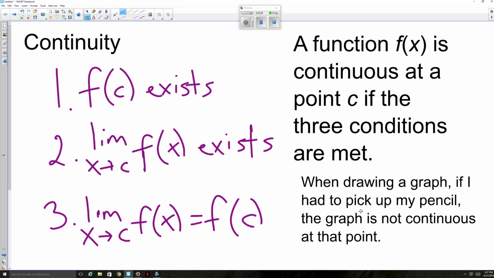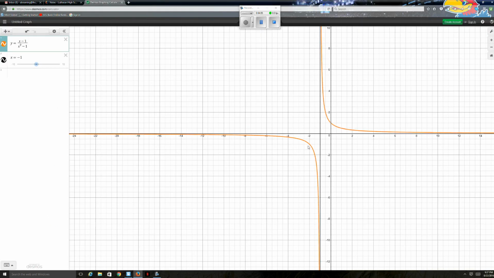That's not a very mathematical definition, but hopefully that idea makes sense. Here at 1, I would have to pick up my pencil. Everywhere else I could draw, except here at negative 1. I'd also have to pick it up.